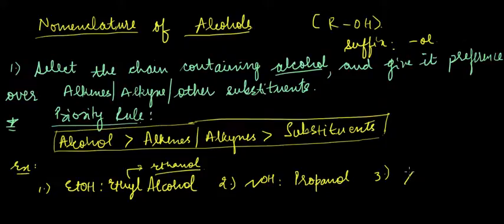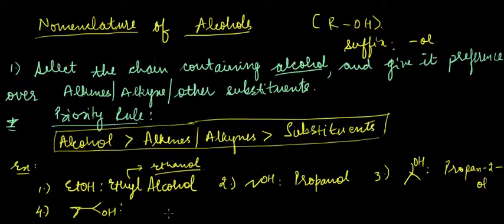Similarly for this you can say it is propan-2-ol. Let's see what happens in this case. The name for this compound would be 3-methylbutan-2-ol. Why?